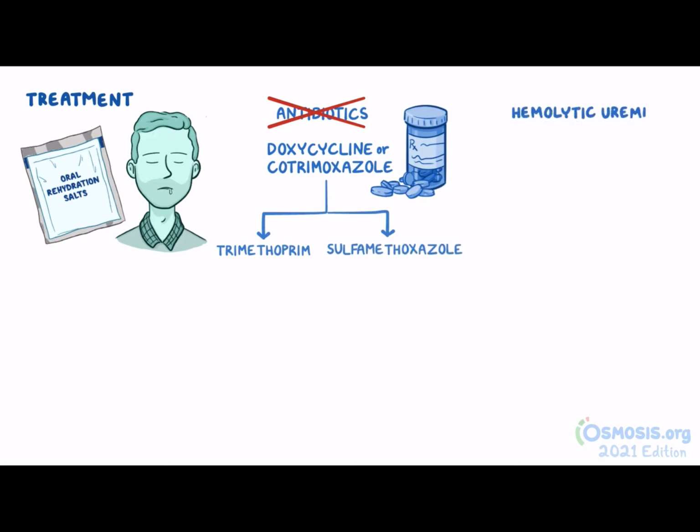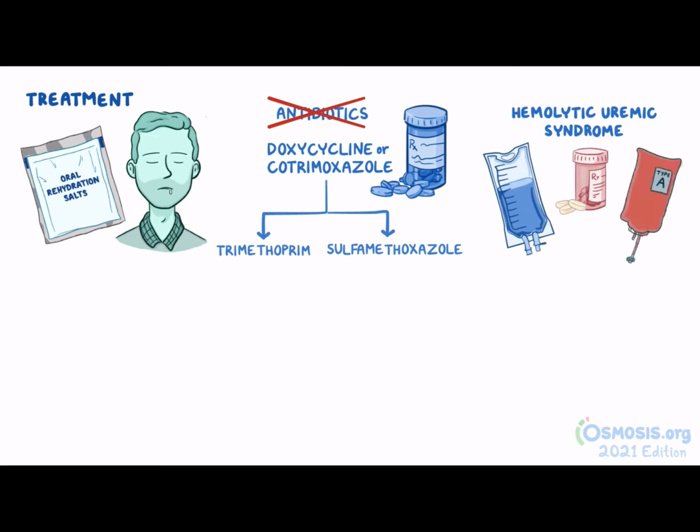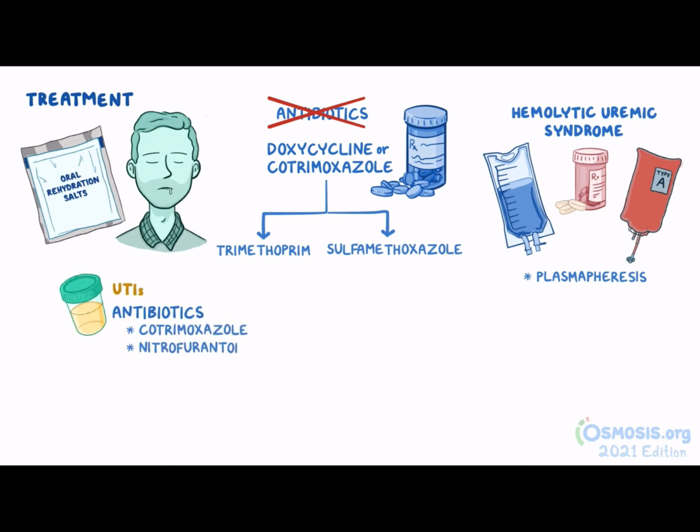For hemolytic uremic syndrome, supportive care includes dialysis, corticosteroids, blood transfusions, and plasmapheresis, or the exchange of the affected blood plasma with a new unaffected one from a donor. UTIs are treated with antibiotics such as cotrimoxazole, nitrofurantoin, or fluoroquinolones like ciprofloxacin.